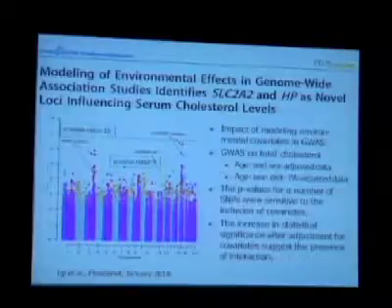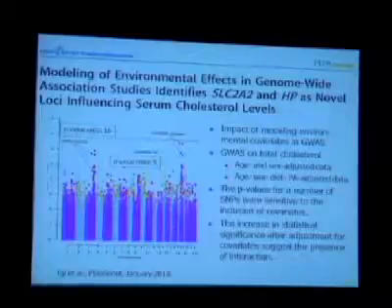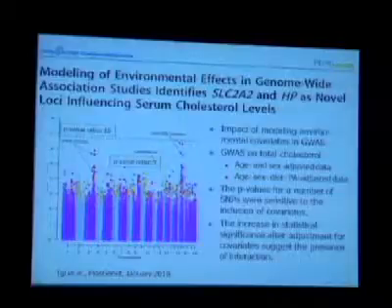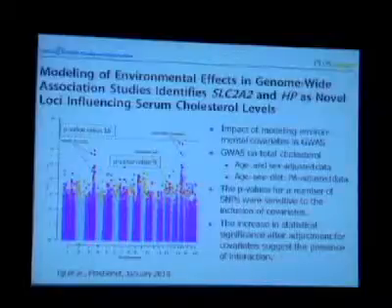Another way to deal with gene-environment interaction is to model environmental effect in genome-wide association study. And a very interesting study did that by performing a GWAS on total cholesterol, adjusting in two different ways. Age and sex adjusted data, which are represented in blue here in the figure, and another model in which they adjusted for age, sex, diet, and physical activity.